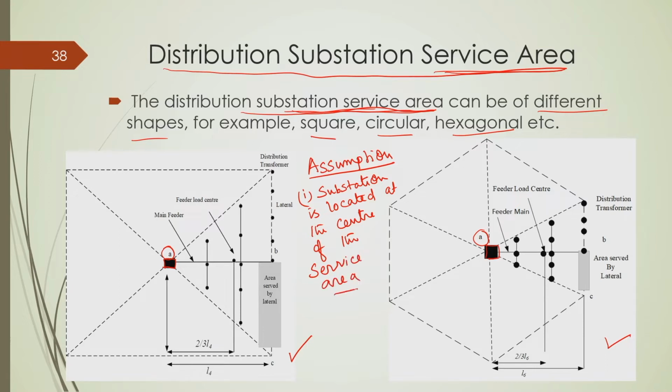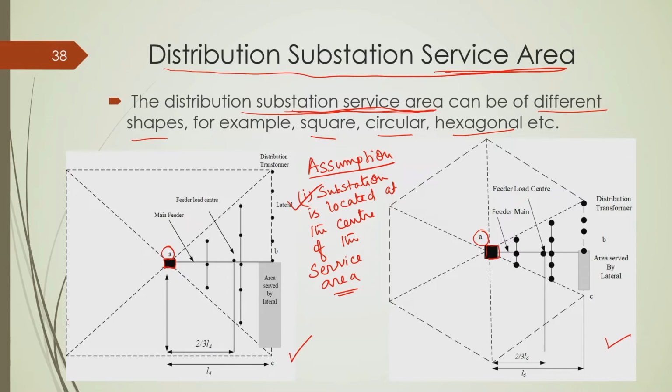So, all this analysis is based upon this assumption. And we have another two or three assumptions also, which I will let you know afterwards. So, the first assumption is the substation is located at the center of the service area.